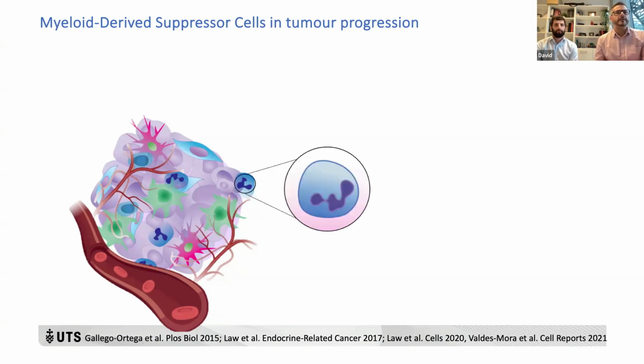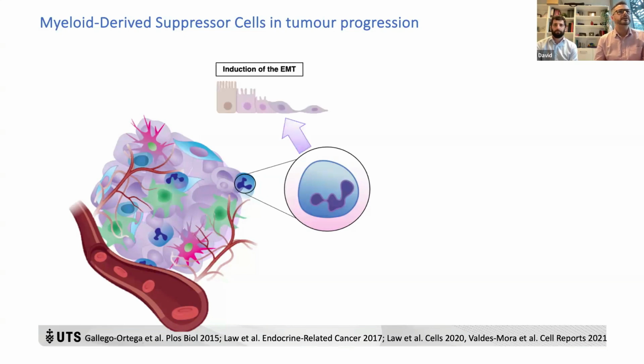These myeloid-derived suppressor cells are immature myeloid cells. There are two types of them, the granulocytic type and the monocytic type. They resemble the canonical markers of neutrophils and monocytes, but they are also quite immature, so they are not fully differentiated. And the main thing is that they contribute in many ways to cancer progression and metastatic dissemination.